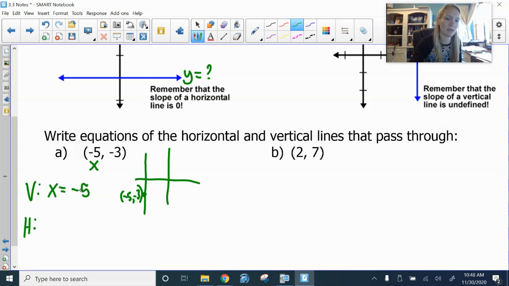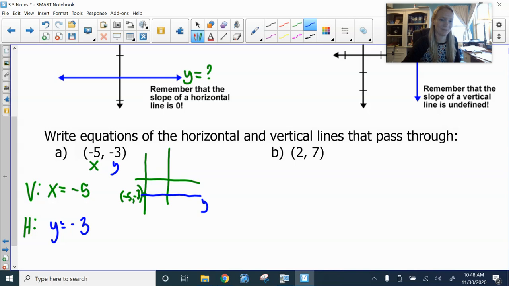And my X part would just be -5. Boom, done. If I wanted a horizontal line through that same point, it would go through the y-axis, so we would just need the y value. Boom, done. There's your lines. -5 for the x and -3 for the y.